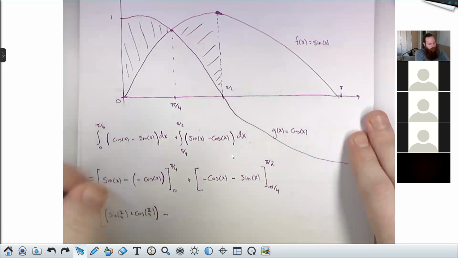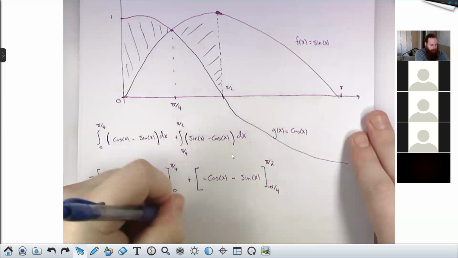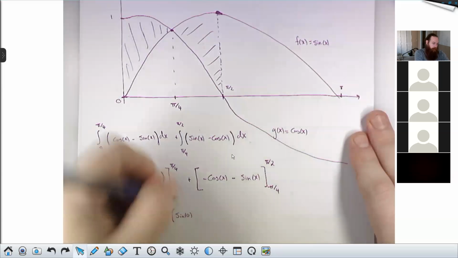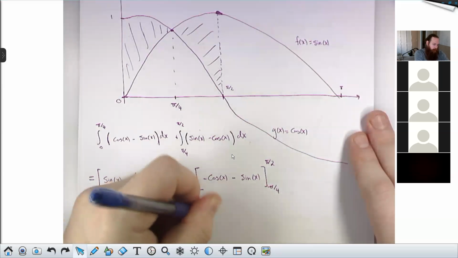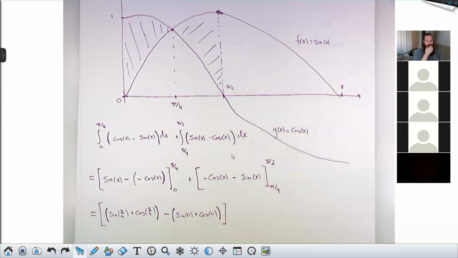And then I subtract what I get when I plug in 0. So that will be sine of 0 plus the cos of 0. All right, that's my first bracket.